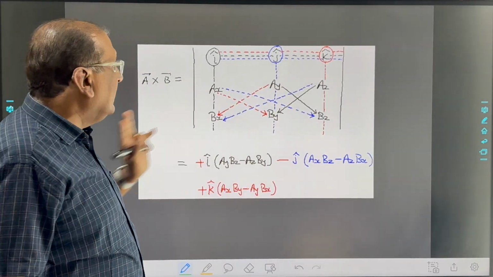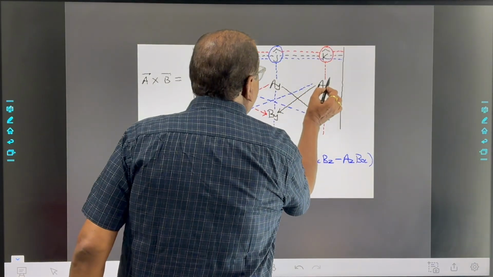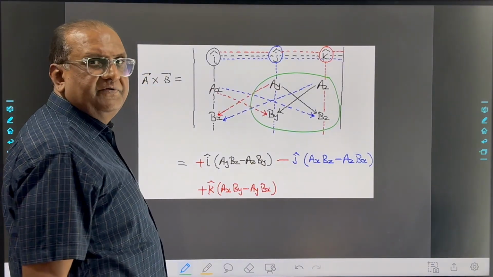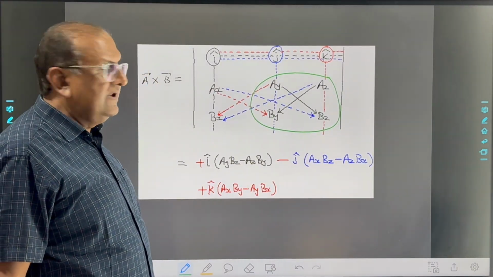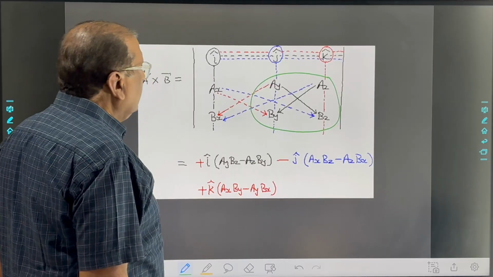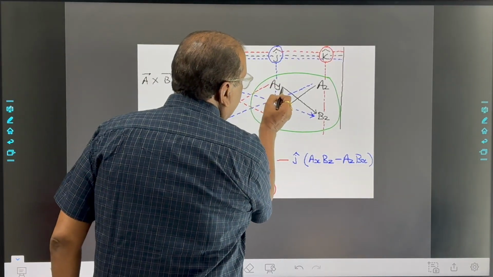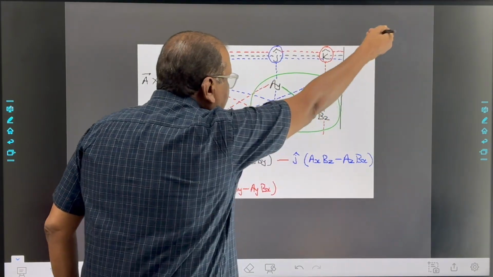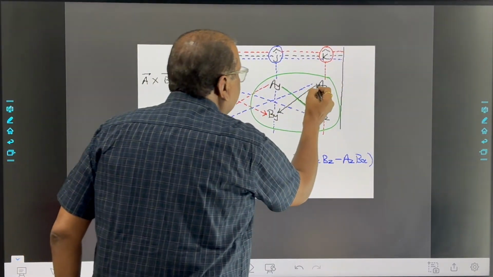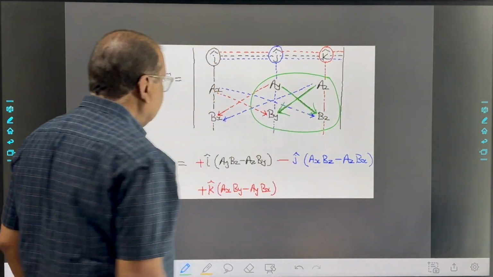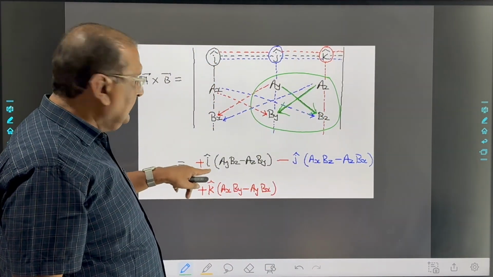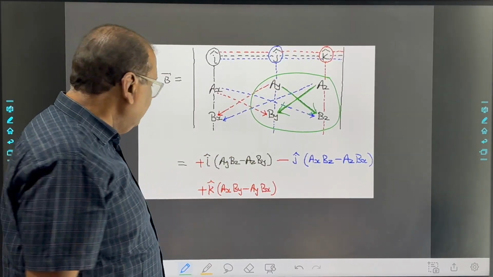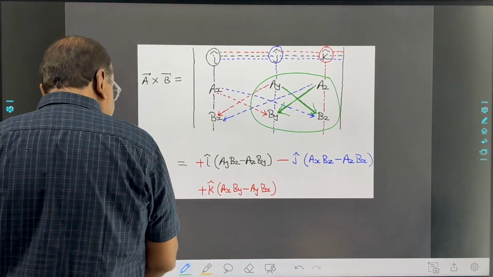If we discard this, then we will have these four components. Then we have to take the product: Ay Bz on the right side, then minus Az By, like this. Clear? So i caret into Ay Bz minus Az By. Right? Now this is the first thing.